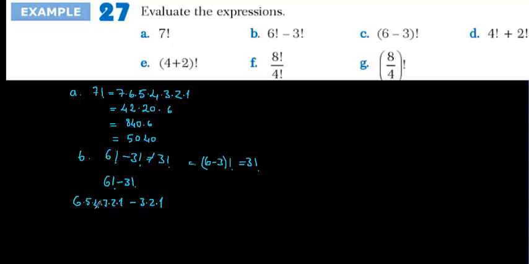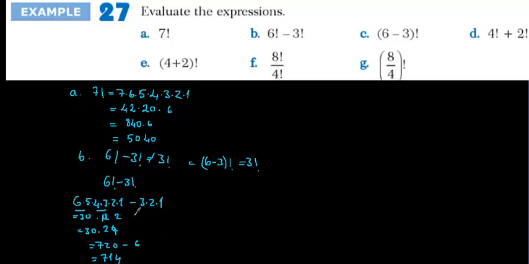Here 6 times 5 is 30, 3 times 4 is 12, 12 times 2 is 24, and 24 times 30 is equal to 720. 720 minus 3 times 2, which is equal to 6, is equal to 714.